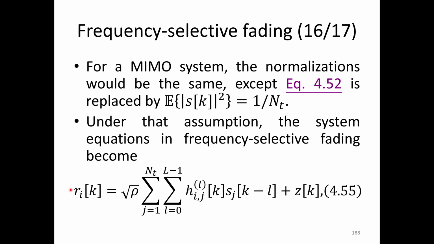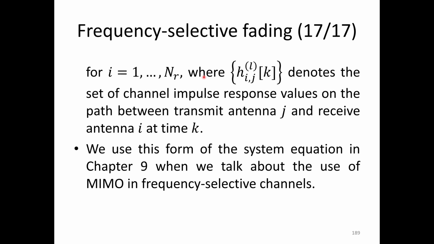So Ri of k is the received signal at the ith receive antenna at time k, where Hij of k denotes the set of channel impulse response values on the path between transmit antenna j and receive antenna i at time k. We use this form of the system equation in chapter 9 when we talk about the use of MIMO in frequency selective channels.